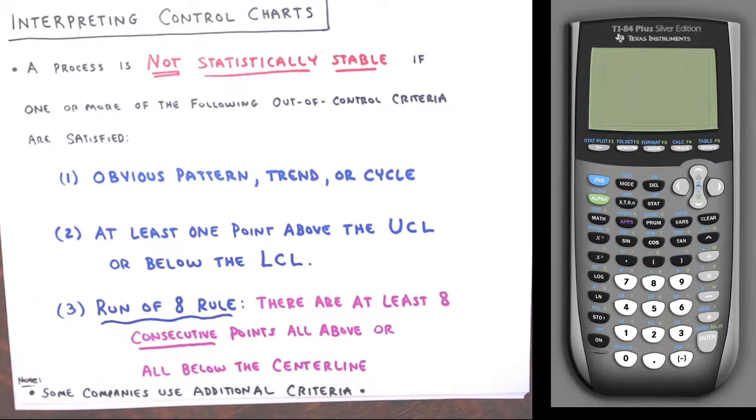All right, then this one's kind of new. It still has something to do with obvious patterns, still similar to number one, but has a more probabilistic reasoning behind it. The run of 8 rule. If there are at least 8 consecutive points all above or all below the center line.